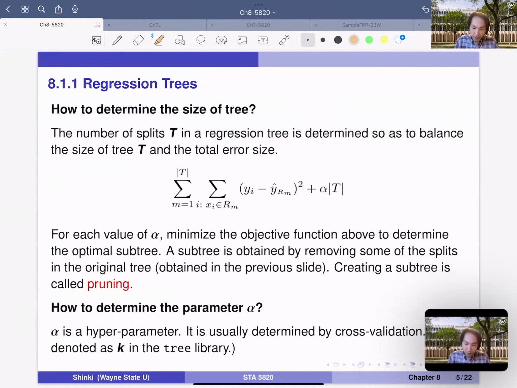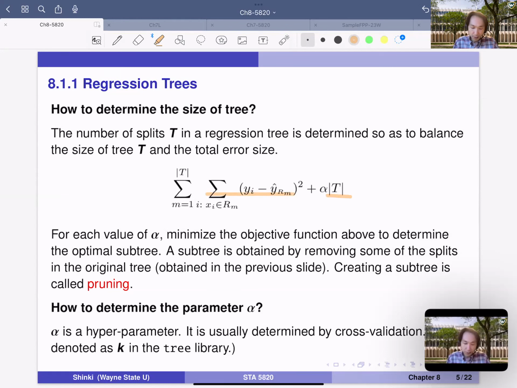The number of splits T in a regression tree is determined so as to balance the size of the tree and the total error size. As the model becomes more complicated, the error size gets smaller, but the size of T gets larger.